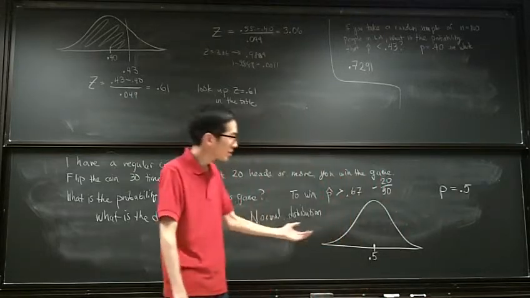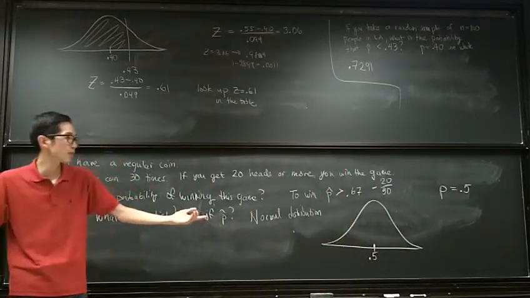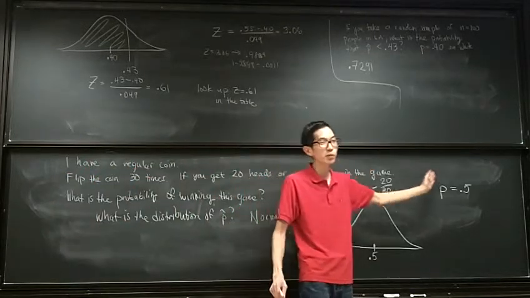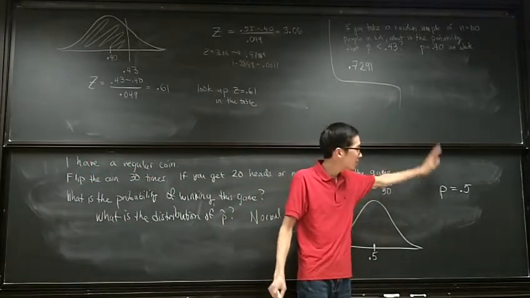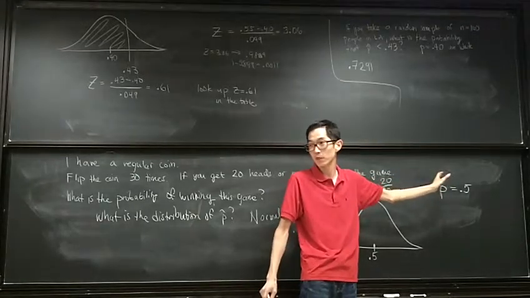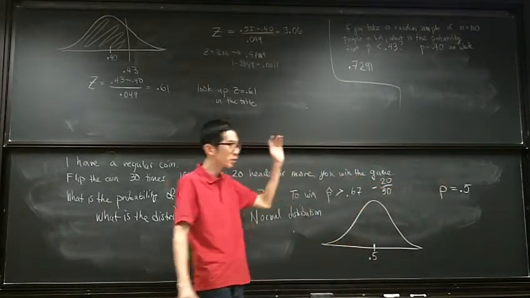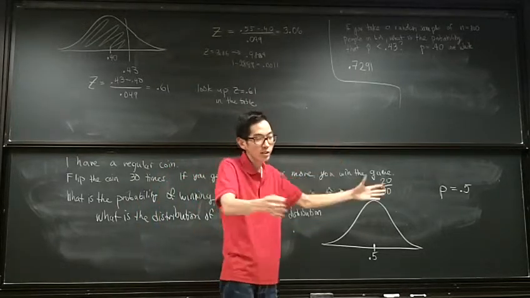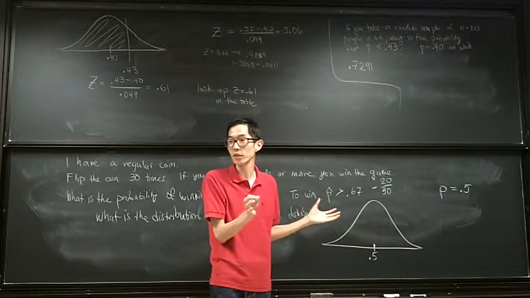And what's the probability that a coin lands heads when I flip a coin? 0.5. So my p is 0.5. This is a fact that exists from the coin flip. P is 0.5. So when I flip the coin 30 times, maybe it will land heads 50% of the time.